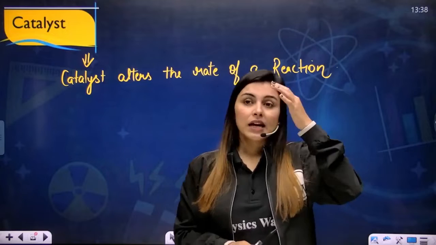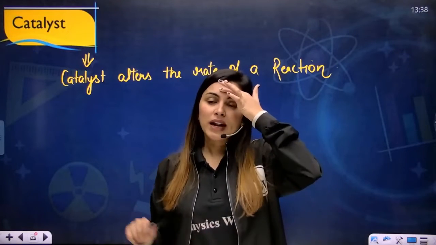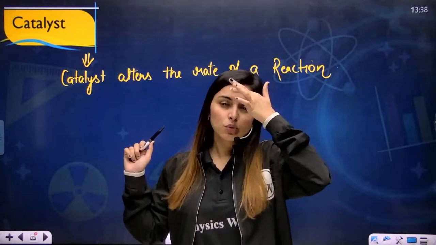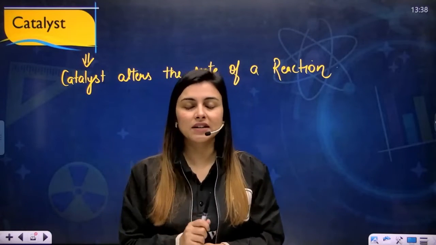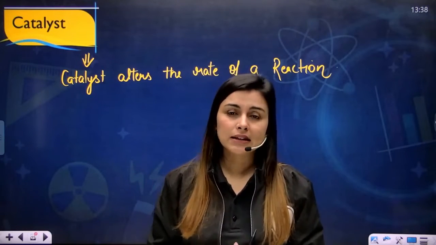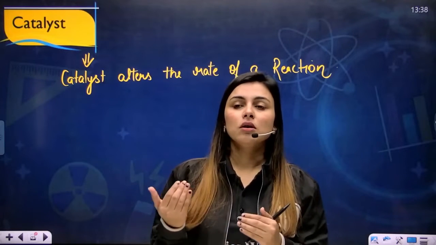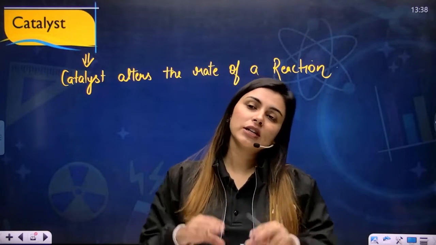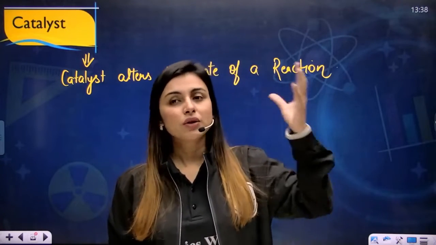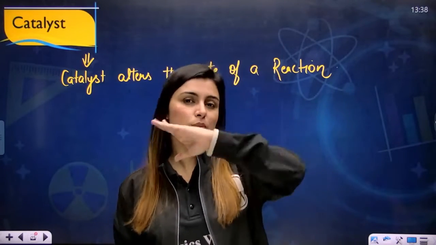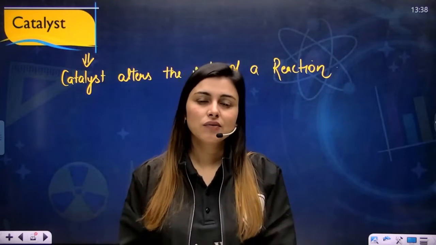Now imagine what actually happens. Every reaction has an activation energy, the minimum energy which reactants require. What catalyst does is, in order to increase the rate of the reaction, it decreases the activation energy. Now, since the activation energy is lesser, reactants need a lesser amount of energy to form the products. So obviously the reaction will be faster.